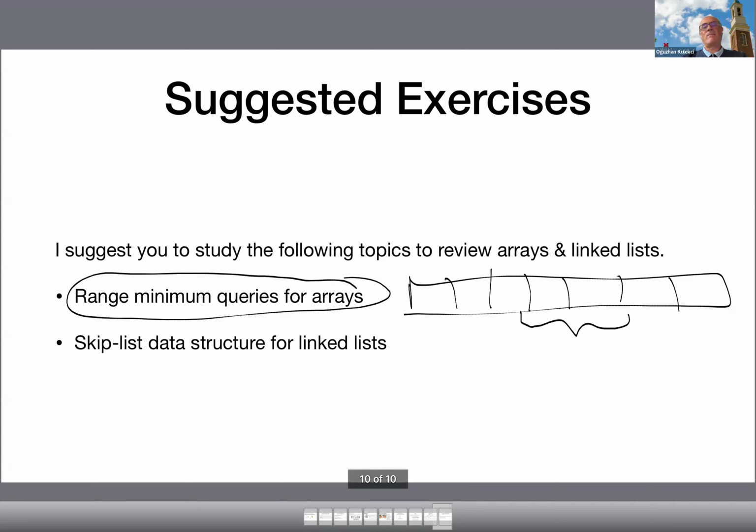Another data structure is the skip list data structure for linked lists. If time permits, maybe we'll have another video for the skip list, but it is again highly recommended to remember your old knowledge for linked lists.